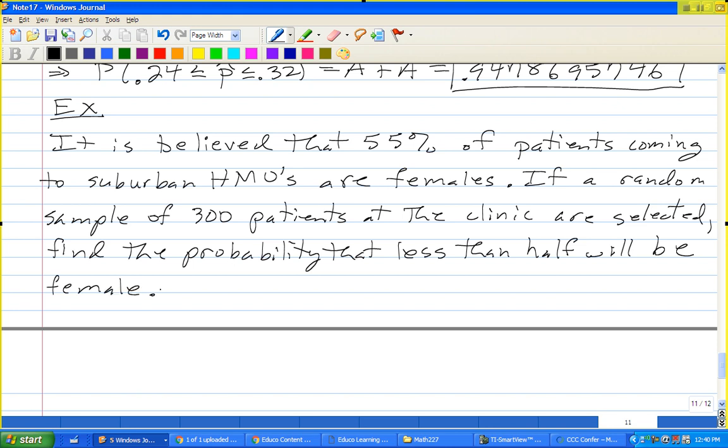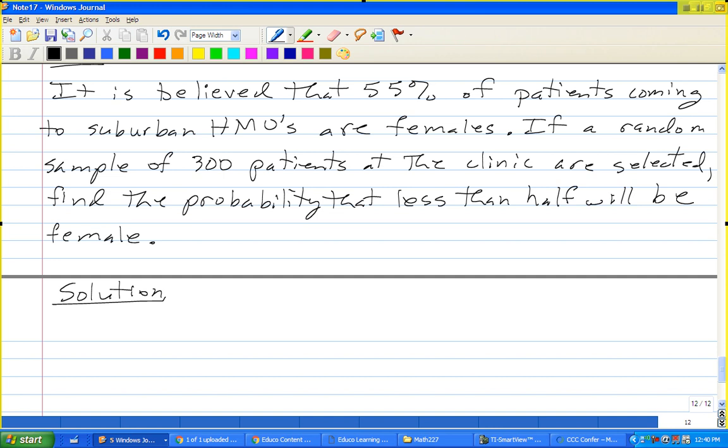Okay, so let's do that. So n in this case is 300. Success in this case is that the patient coming to the HMO is a female.